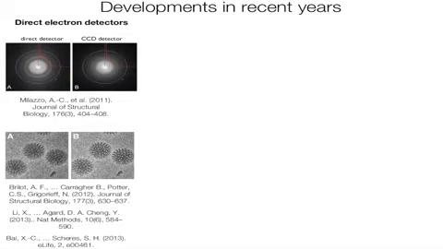The reason these movies are important is because the specimen is actually not completely still under imaging conditions. Two distinct phenomena, beam-induced movement and stage drift, lead to blurry images. However, if one records movies, then you can align the individual frames and account for this movement, which then leads to crisper images.